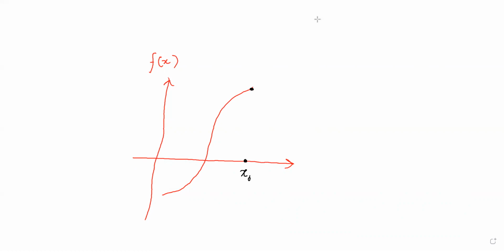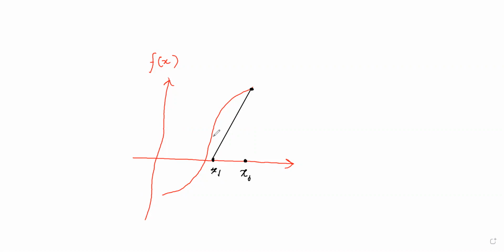Then we draw the tangent at that very point. This tangent intersects the x-axis at some point. Let's call that x1.